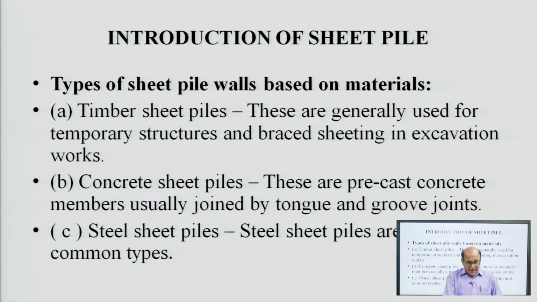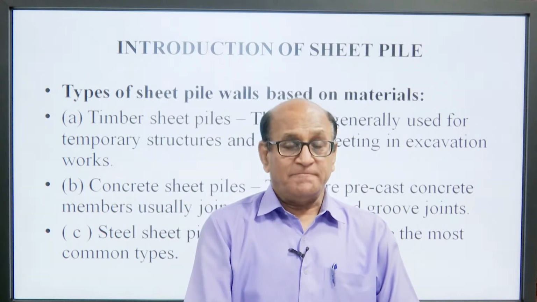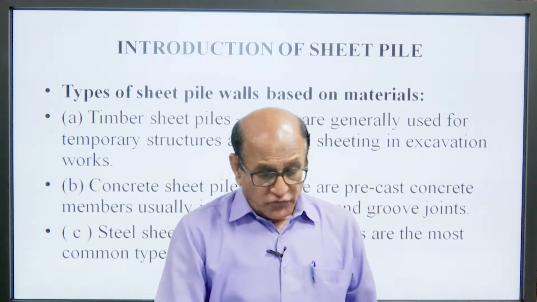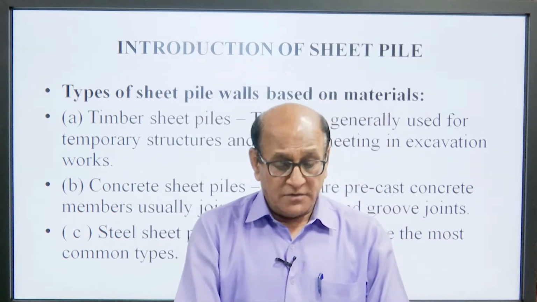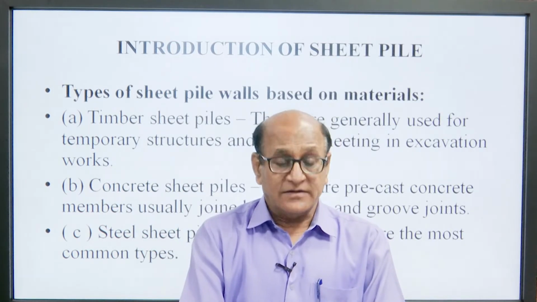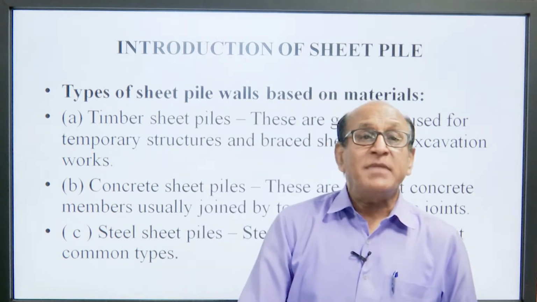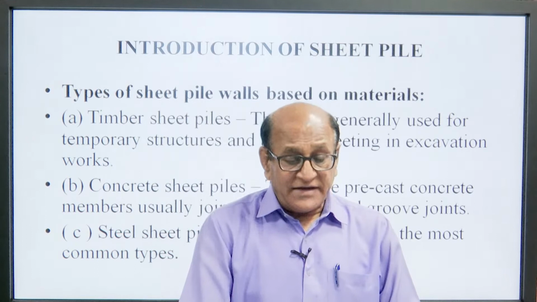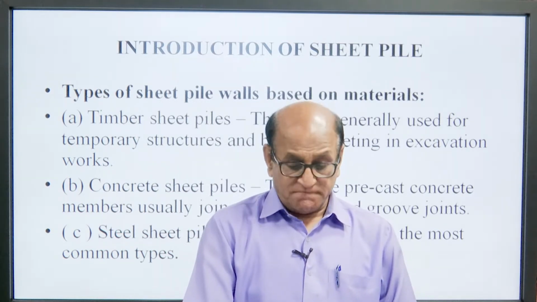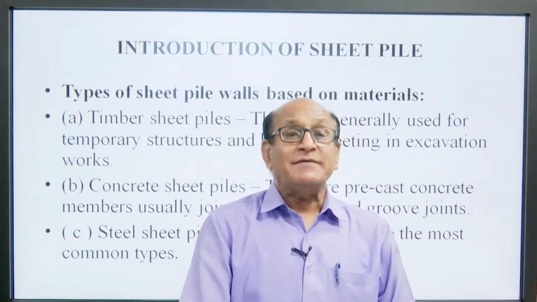Now, the types of sheet pile walls based on material. There are three types of sheet piles based on material. First is timber sheet pile. These are generally used for temporary structures and breast sitting in excavation work.